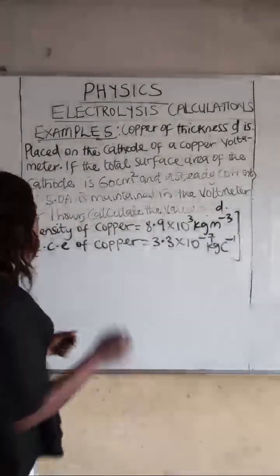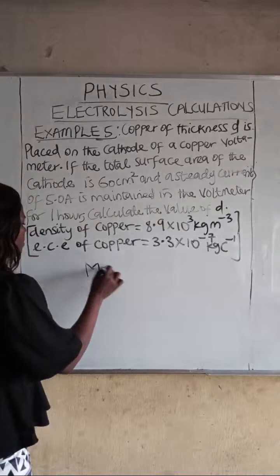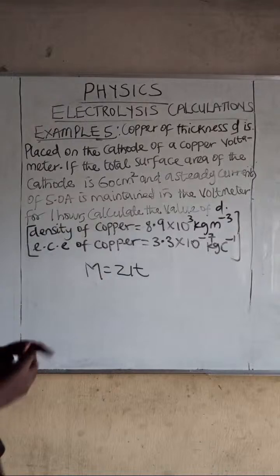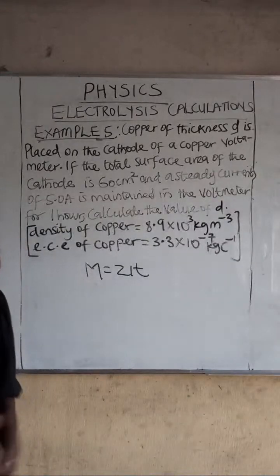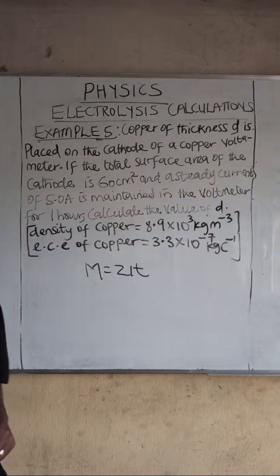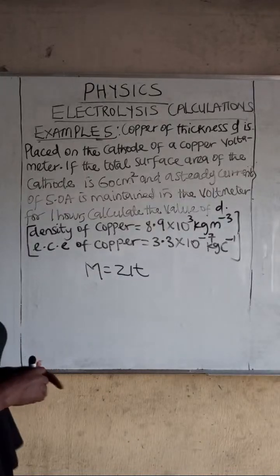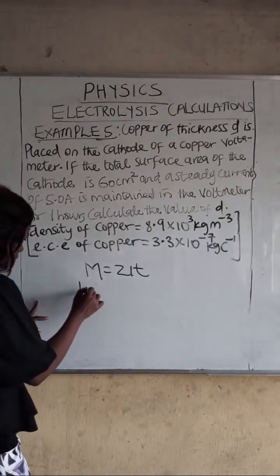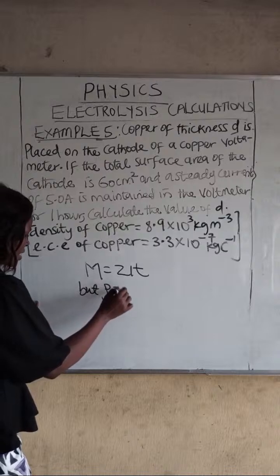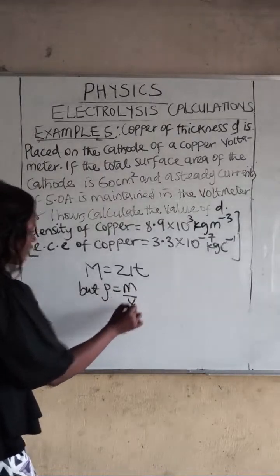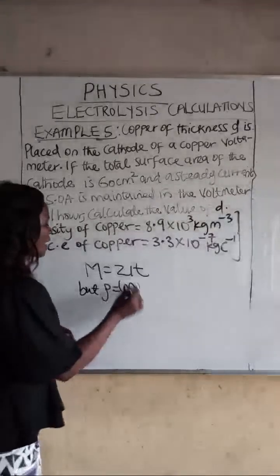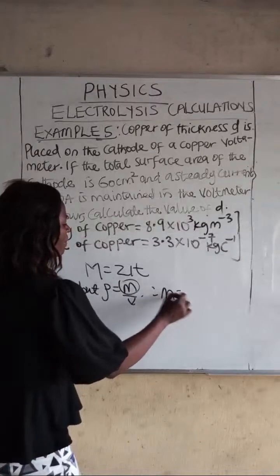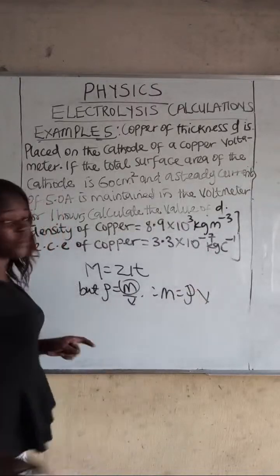From Faraday's first law, we have that M is equal to ZIt, right? And I said, what if we don't have the mass? You still remember that density is equal to mass over volume. If I want to get mass, I will cross multiply. Therefore, mass is equal to density times volume.